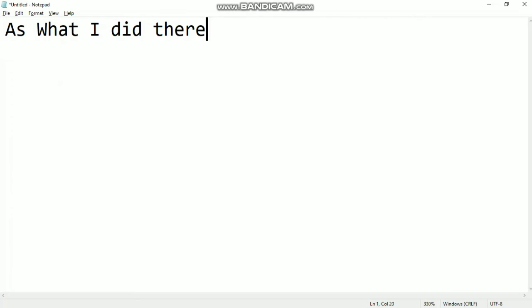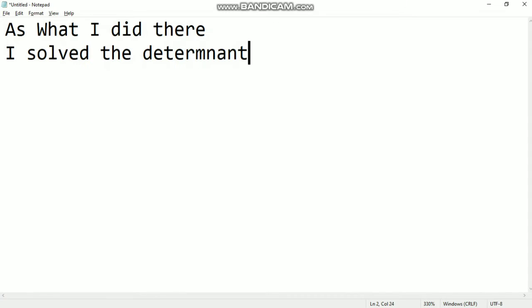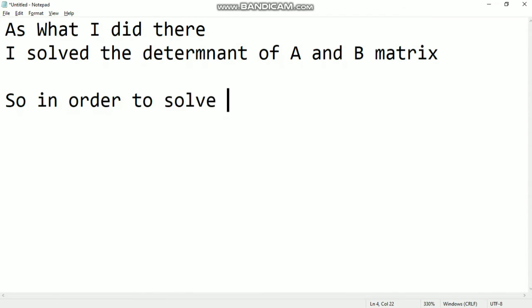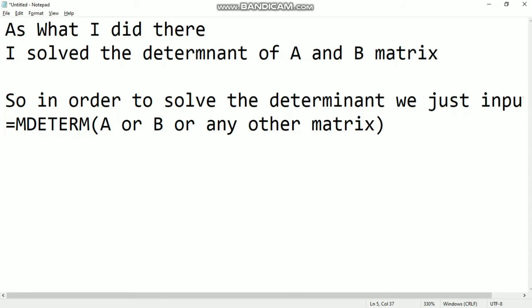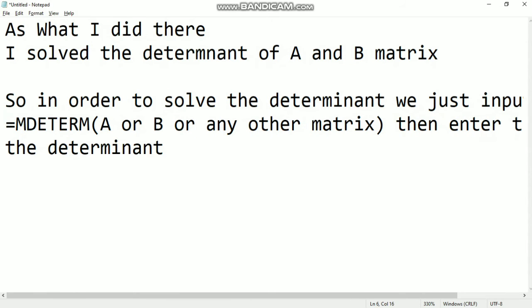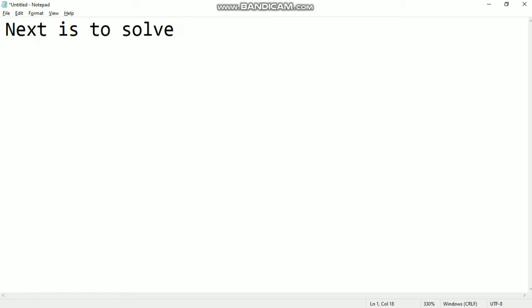As what I did there, I solved the determinant of the A and B matrices. In order to solve the determinant, we just inputted equals MDETERM(A), or B or any other matrix, then Enter to show the determinant. Next is to solve the inverse.